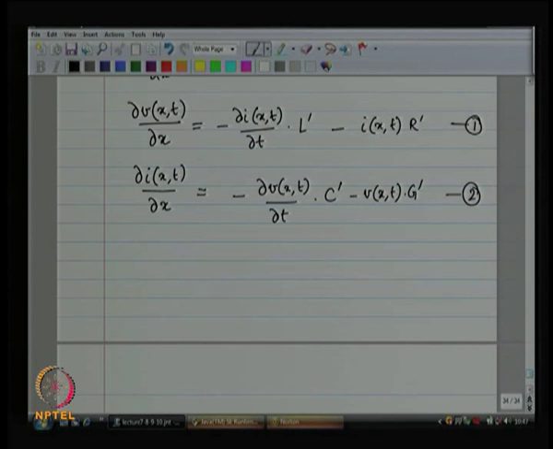I am going to do a further differentiation of equation number 1 with respect to x, and that will give me ∂²V/∂x² on the left hand side, and on the right hand side I am going to get ∂²I/∂x∂t times L prime minus ∂I/∂x times R prime.